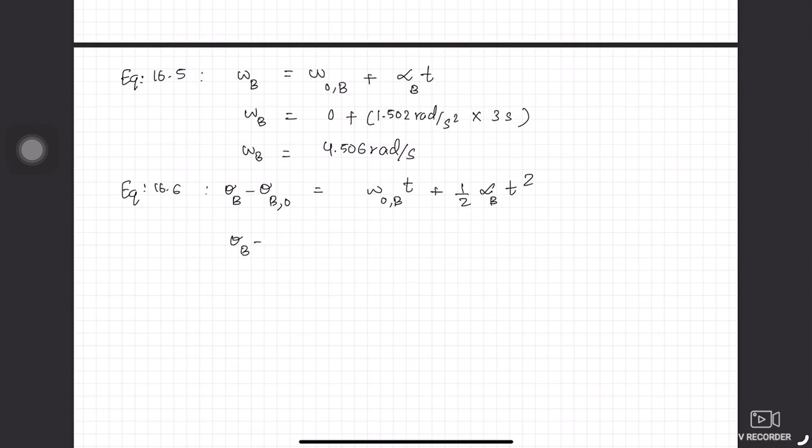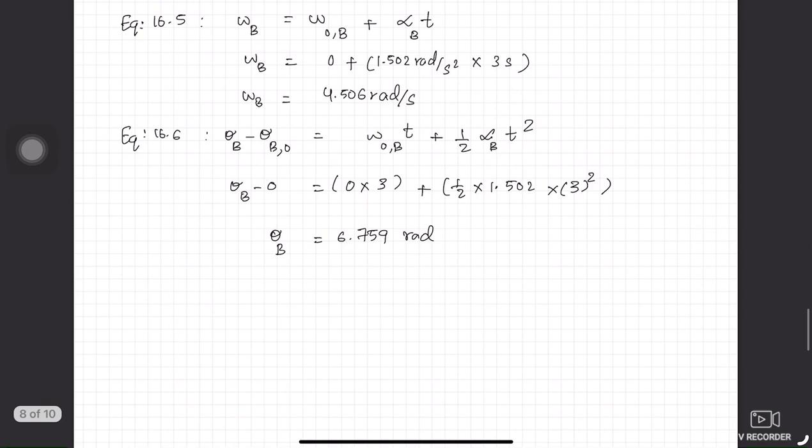The initial values are 0 and t is 3 seconds, and then 1/2 times 1.502 times 3 seconds squared. So theta B equals 6.759 radian.